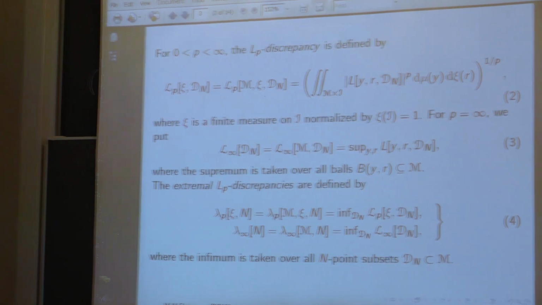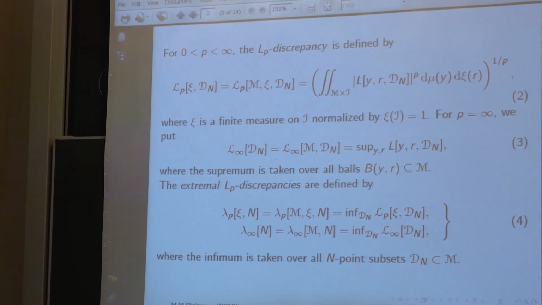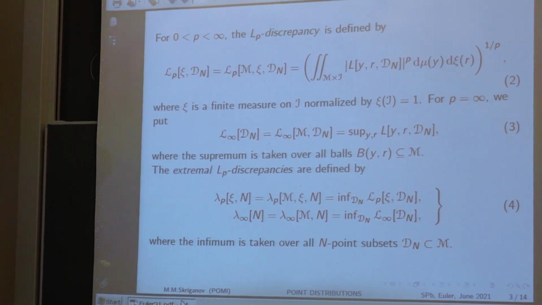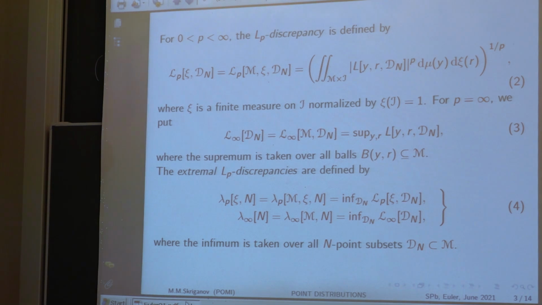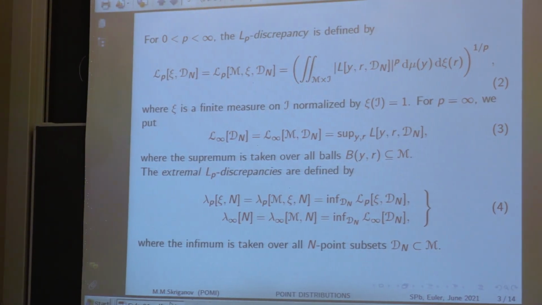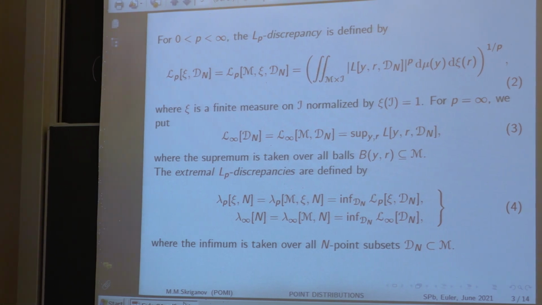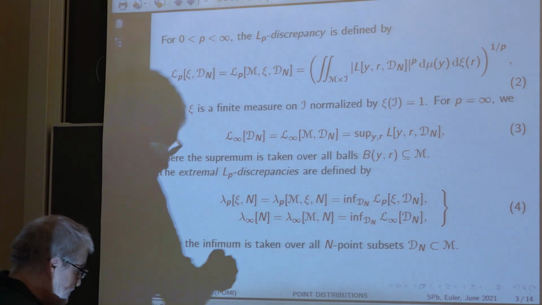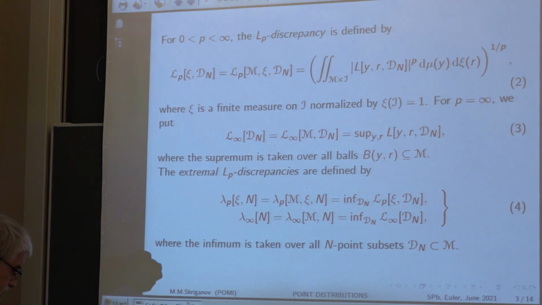So we consider the LP discrepancy for a given D sub n, and then consider the infimum of this quantity with respect to all possible distributions of n points.